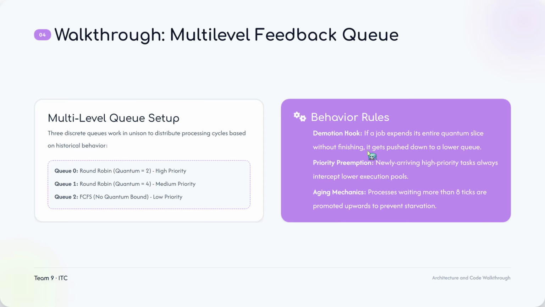As for its behavior, the intelligent MLFQ comes from 3 mechanics that we implemented: the demotion hook, priority preemption, and the aging mechanic. For the demotion hook, if a heavy job expends its entire quantum slice without finishing, it gets pushed down to a lower queue. For priority preemption, a newly arriving high priority task will always intercept the lower execution pool.